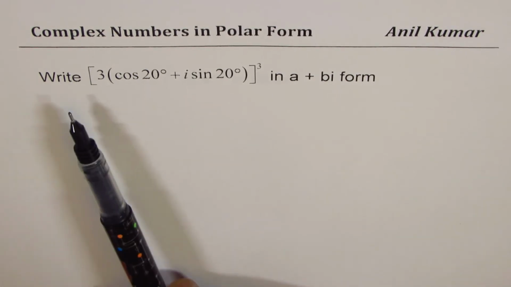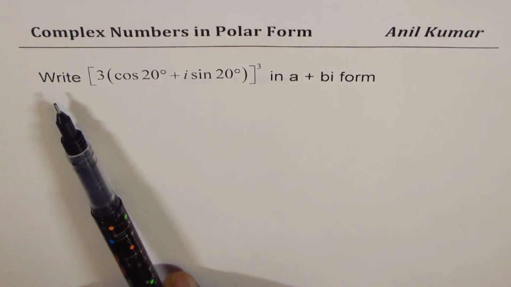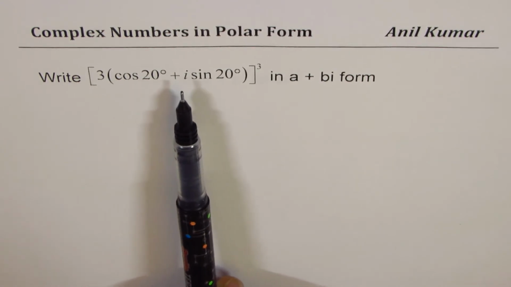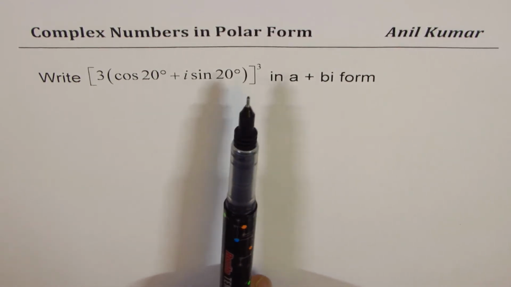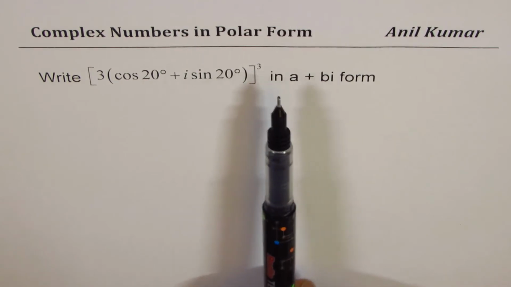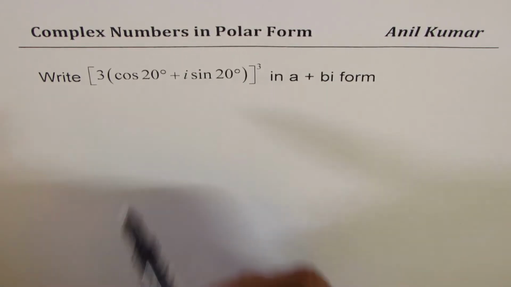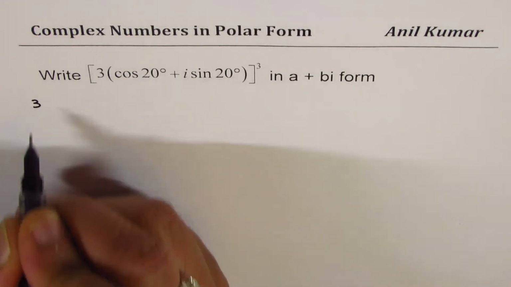Here is one example. We need to write 3 times cos 20 degrees plus i sine 20 degrees, to the power of 3, in the form a plus bi.